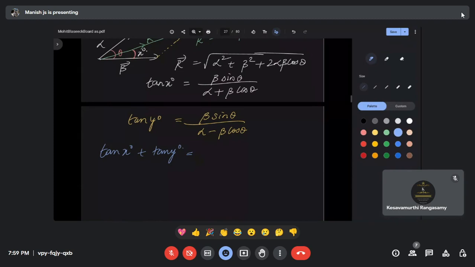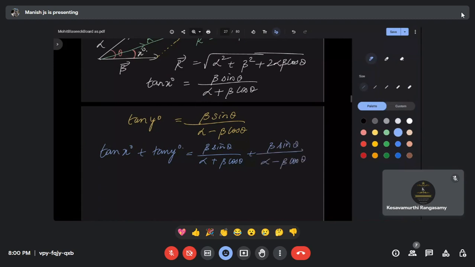You need to substitute the relation, children, and simplify. Once you simplify it, you will get it. So just substitute beta sin theta upon alpha plus beta cos theta plus beta sin theta upon alpha minus beta cos theta.